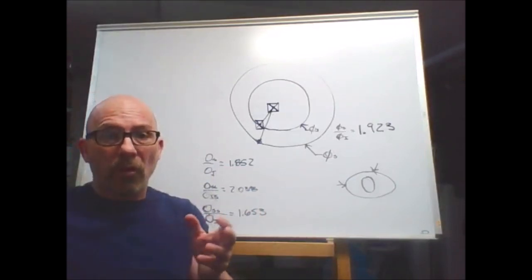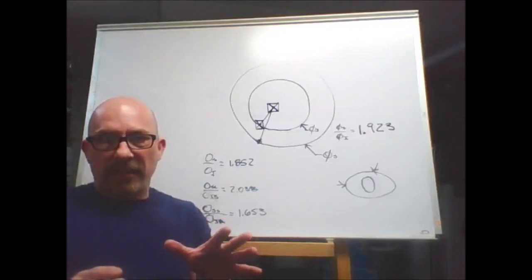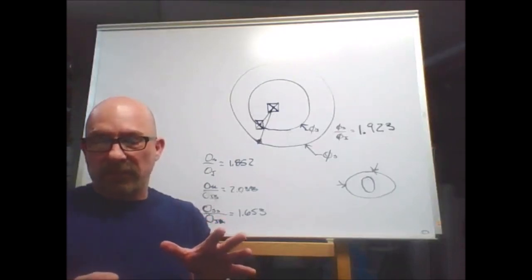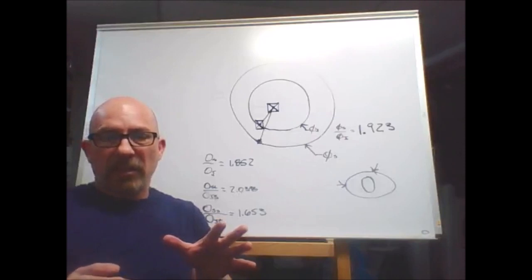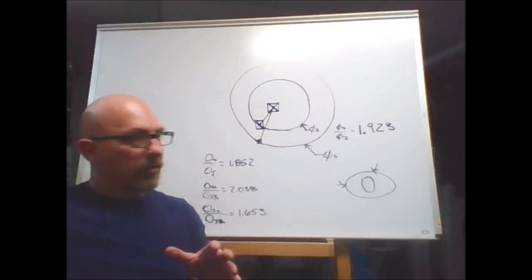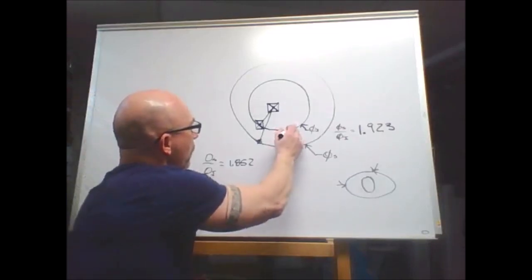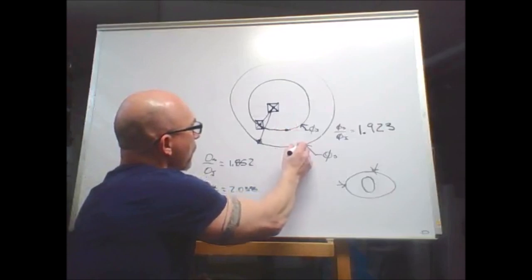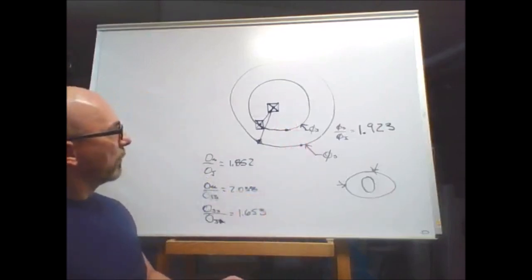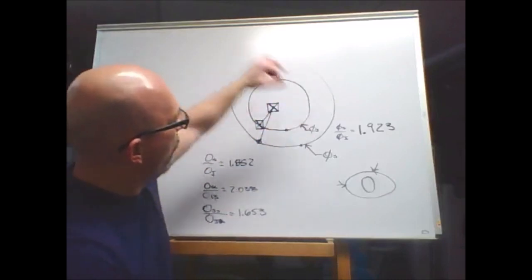Well, lo and behold, if you look at that website, you'll see that Jupiter and Saturn are right here and right here right now. Now, I don't care where these are. This is floating, right?